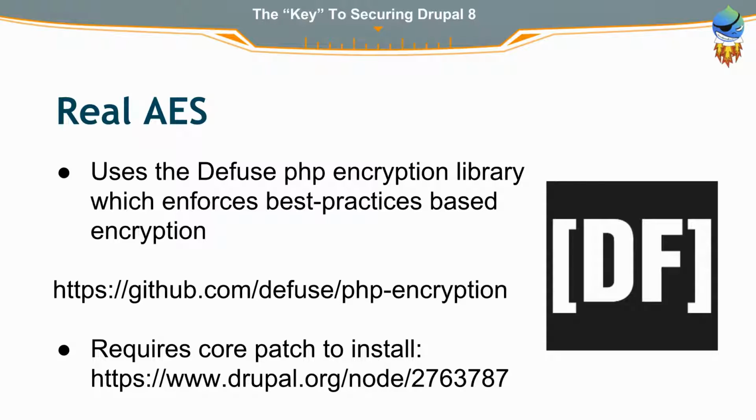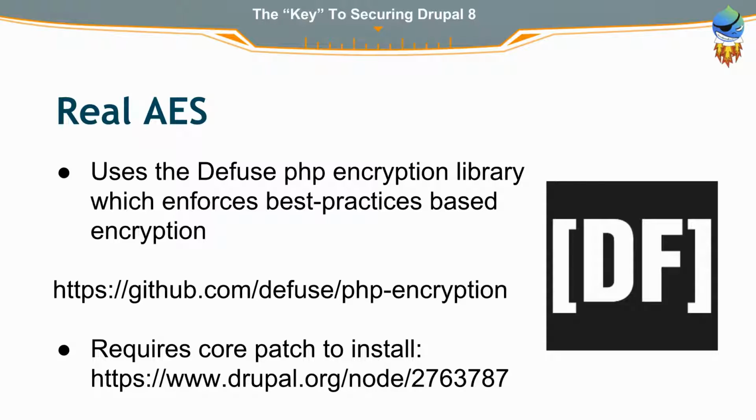There is a core issue Chris mentioned earlier, that was just marked RTBC, and we hope it will get committed sometime within the next week. It is preventing Real AES from installing properly, because it has to do with the random number generation. Drupal core was using a different version than Real AES was, so Composer would not install Real AES correctly. So that's coming soon.